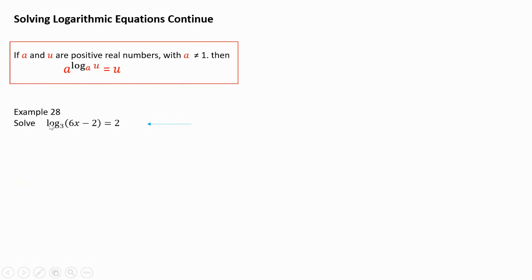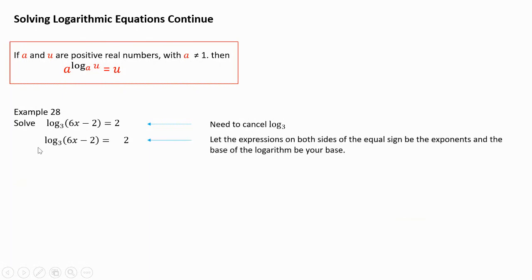I have to get rid of the log of base 3. So I'm going to raise both sides. I'm going to use 3. So this log here is going to be a 3 here on both sides, because this is what I'm trying to do. Let the expressions on both sides be the exponent.